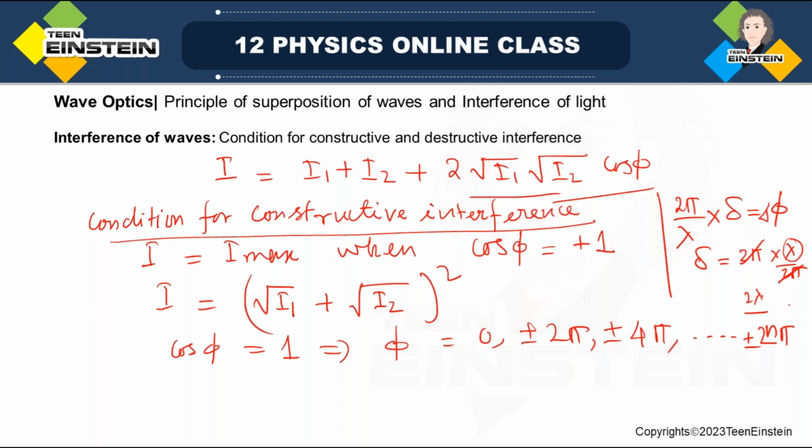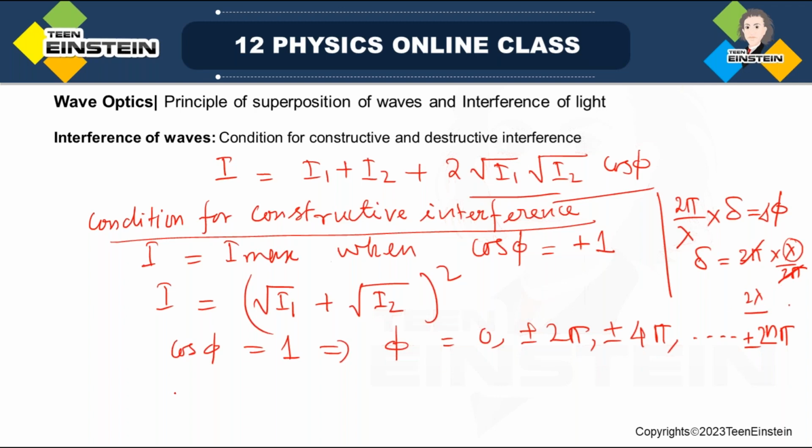So in terms of phase difference, the phase difference has to be either 0 or plus minus 2 pi, plus minus 4 pi, etc. In terms of path difference, it will be plus minus lambda, plus minus 2 lambda.